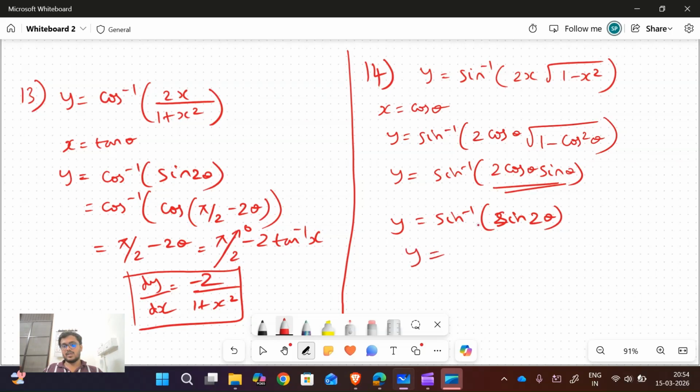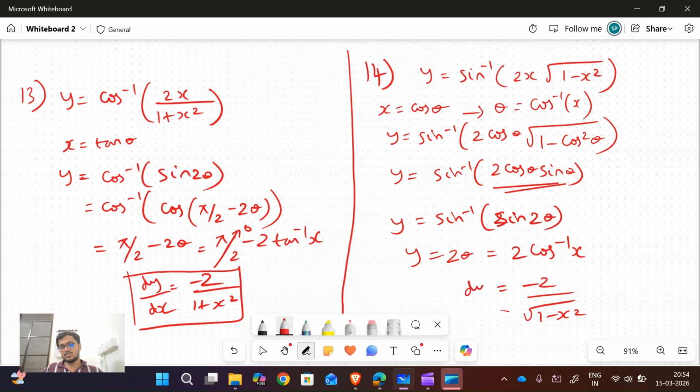Now this is nothing but y equal to sine inverse of sine 2 theta. This is 2 theta only. So when theta equal to cos inverse of x, y is 2 cos inverse of x. Nothing but minus 2 by root of 1 minus x square. Understood?